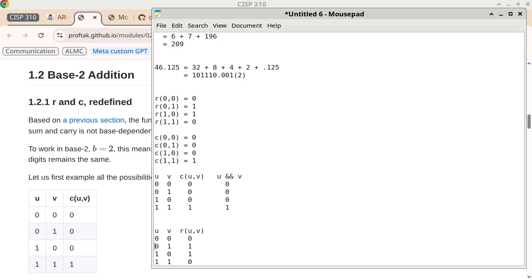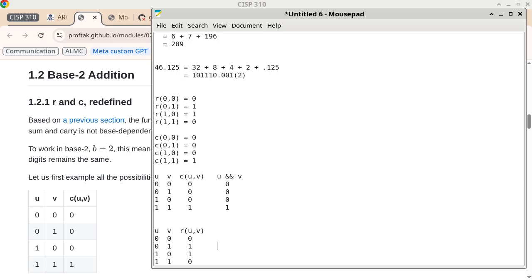Okay, so what do you think is one way to get the same result? Well, we'll focus on one row at a time. If I want to derive a Boolean expression that is a 1, but only when u is a 0 and v is a 1, what is that going to look like?